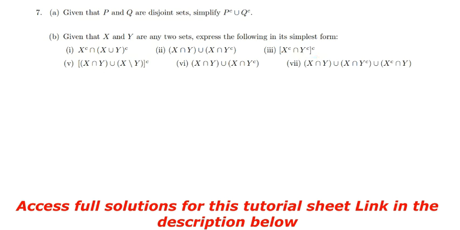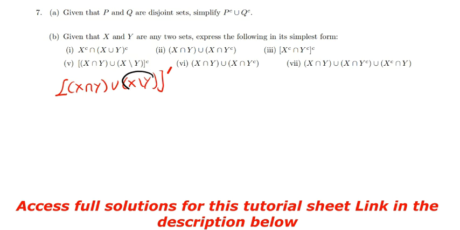Then let me also deal with part 5, which may confuse you. So let's go ahead. We have X intersection Y, then union open X minus Y, then we have a complement. To answer this question, we are supposed to simplify.